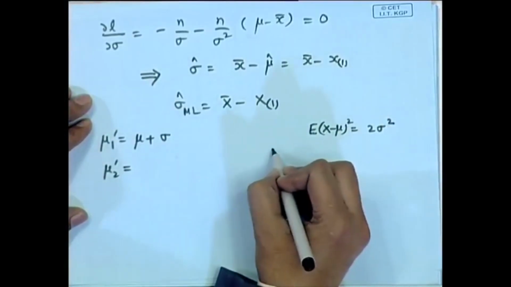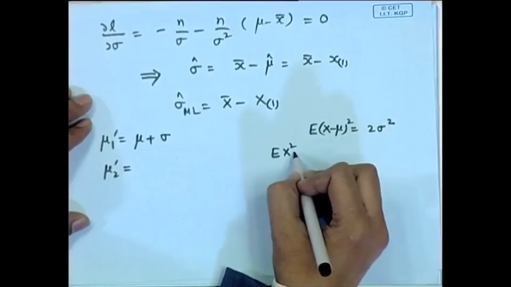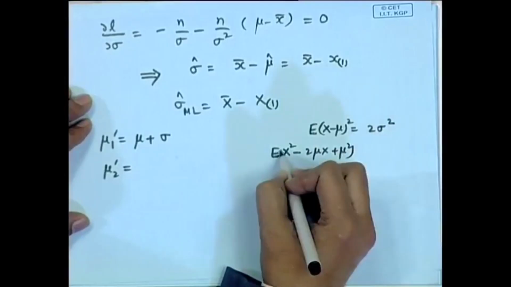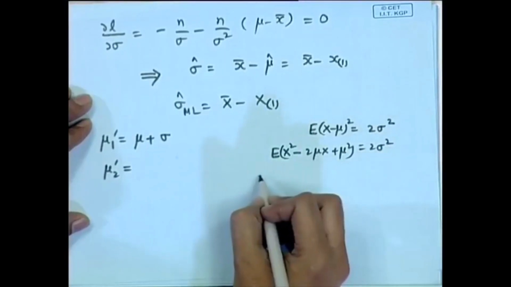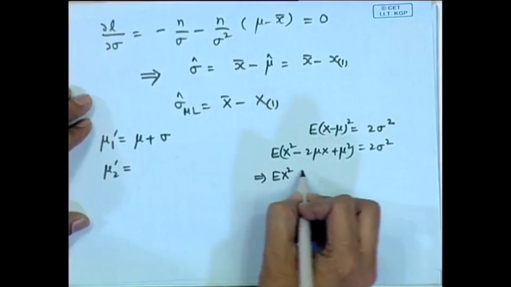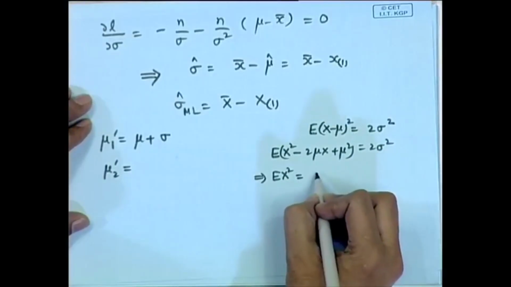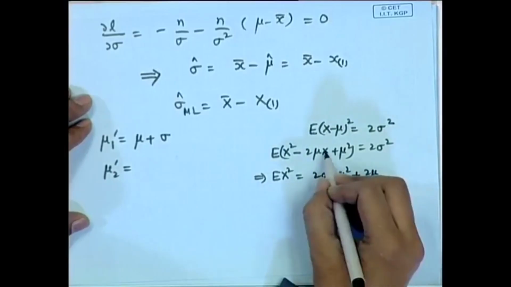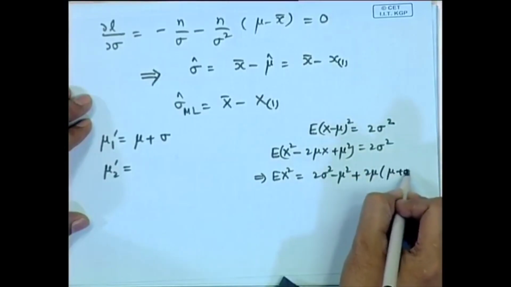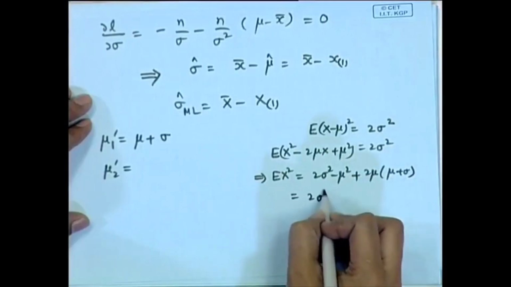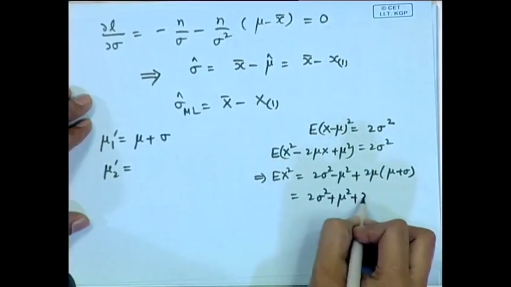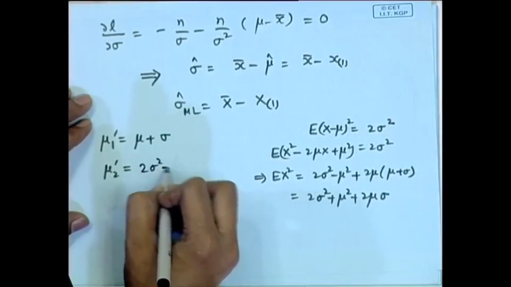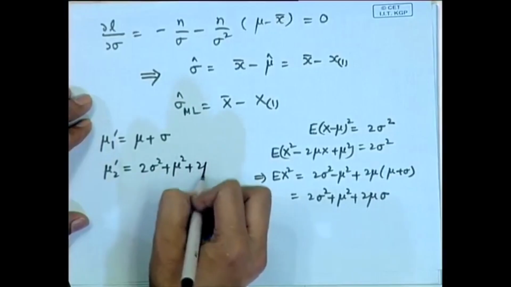So, expectation of x square minus 2 mu x plus mu square is equal to twice sigma square. So, expectation of x square is equal to 2 sigma square minus mu square plus twice mu expectation of x, that is mu plus sigma, that is equal to twice sigma square plus mu square plus 2 mu sigma. So, the second moment is twice sigma square plus mu square plus 2 mu sigma.